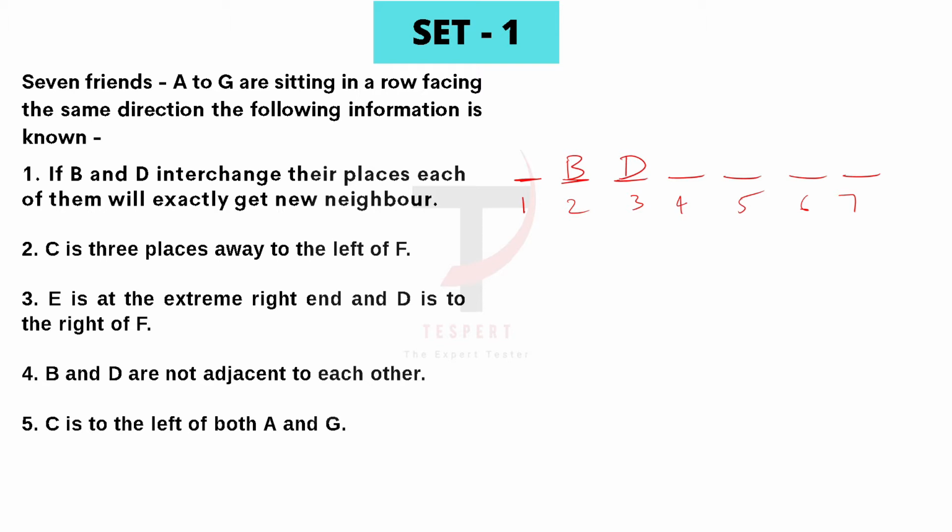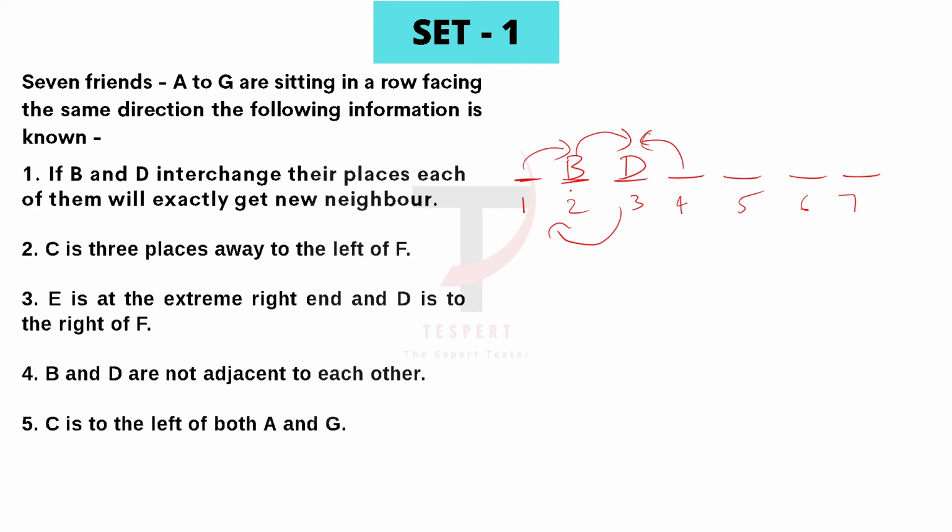then before interchanging, the guy who is at the first position will be the neighbor of B, and the guy who is at position number 4 will be the neighbor of D. When I interchange the positions of B and D, B is going to the third position and D is going to the second position.